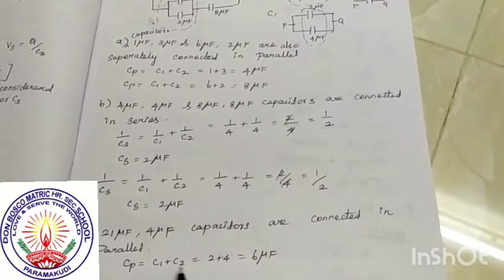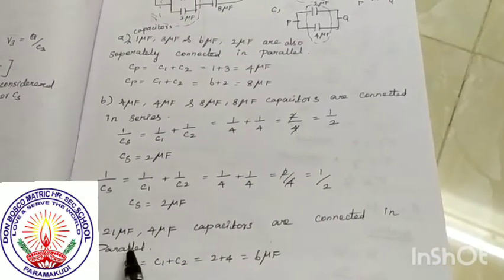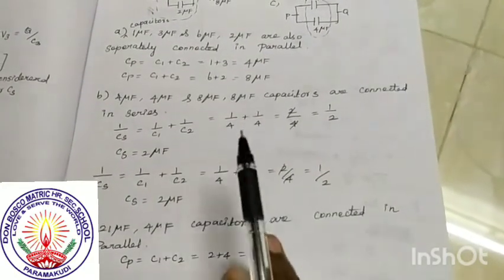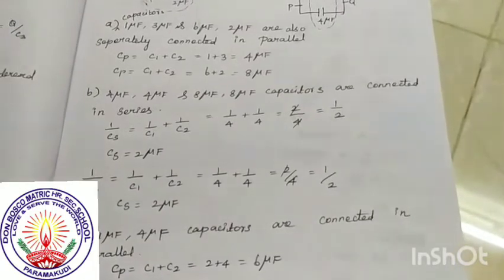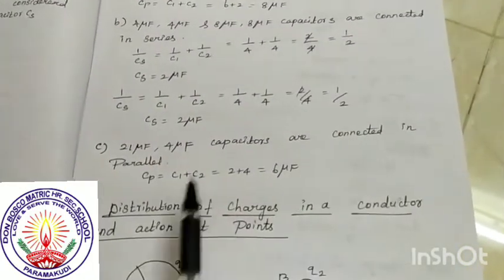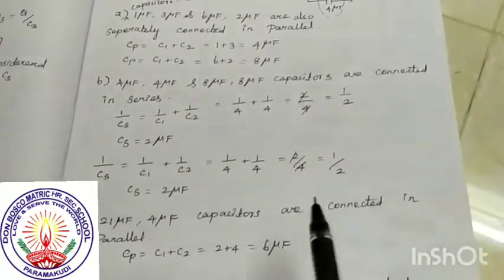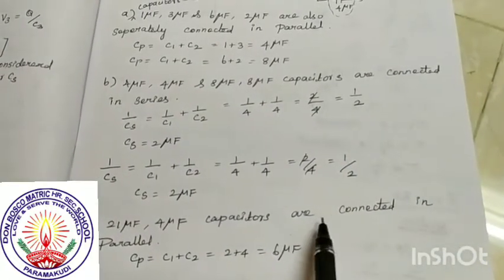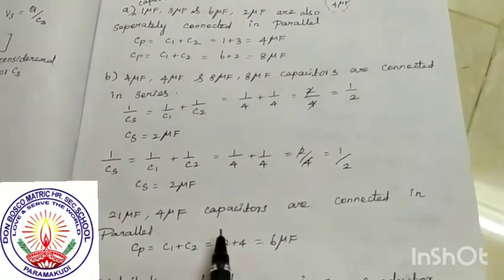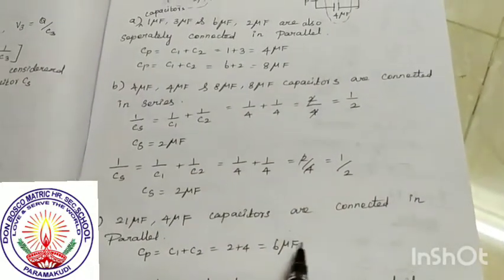So Cp is equal to C1 plus C2. Parallel, what is the formula? The series formula and the parallel formula, these two formulas are very important. We add these two terms and we get the answer, 6 microfarad.